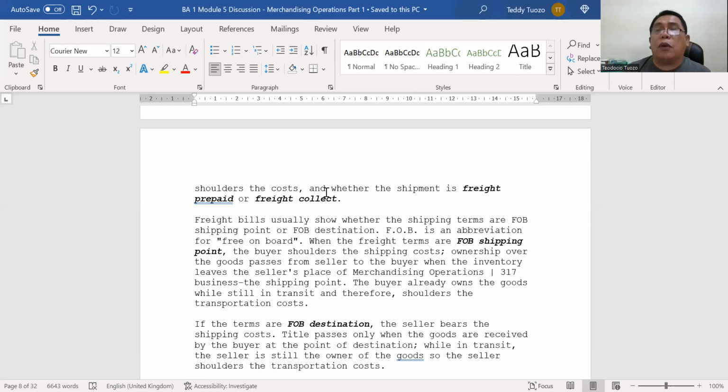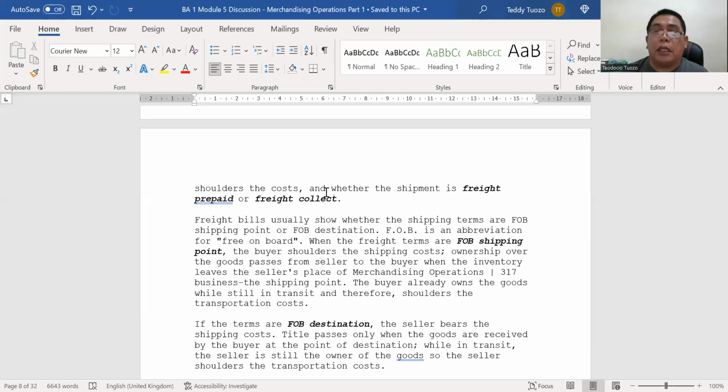But if it is freight collect, pero FOB destination, then dapat si buyer, singilin ni buyer dapat si seller. Because, remember, kung under FOB shipping point, si buyer na ang owner ng goods in transit, so dapat siya na ang magbayad ng freight cost.